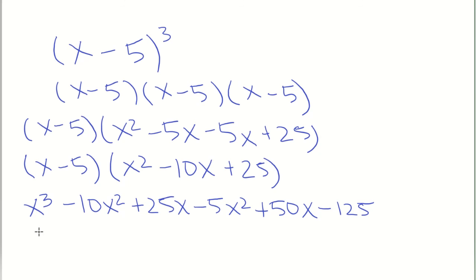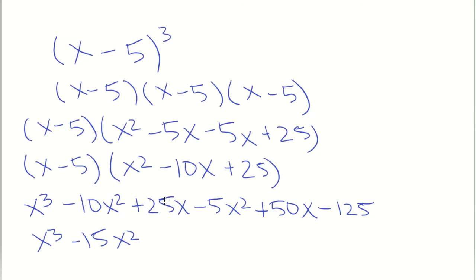And now all I have to do is simplify. So the only things that are going to go together are these two, and these two. So we'll get x to the third by itself. You've got a minus 10x squared and a minus 5x squared. That's a minus 15x squared.